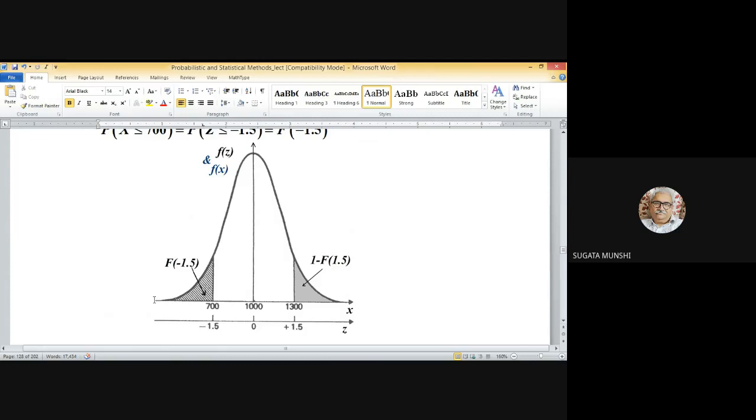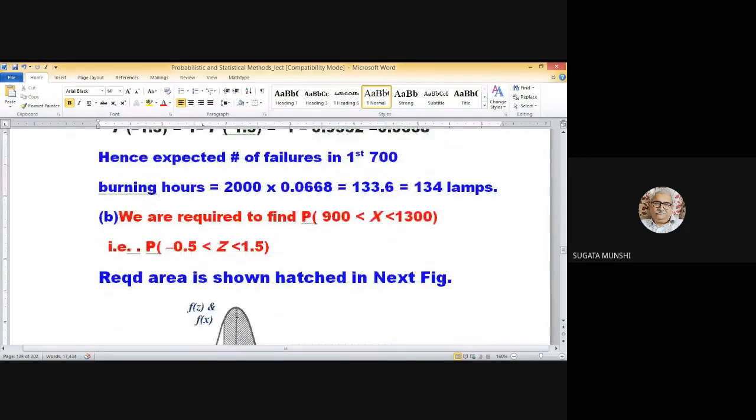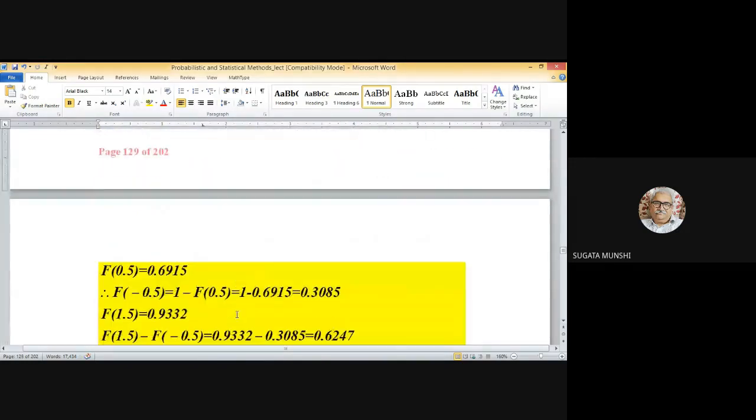Area from z equal to minus infinity up to z equal to 0 is 0.5, isn't it? Therefore, if z is negative, then the area value will be less than 0.5. So that's why I have considered it as negative. Do you get my point?